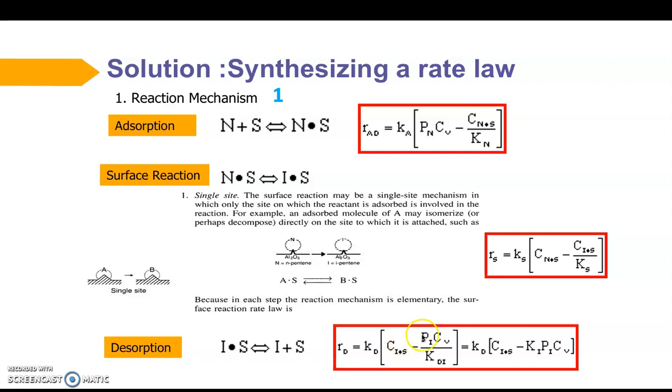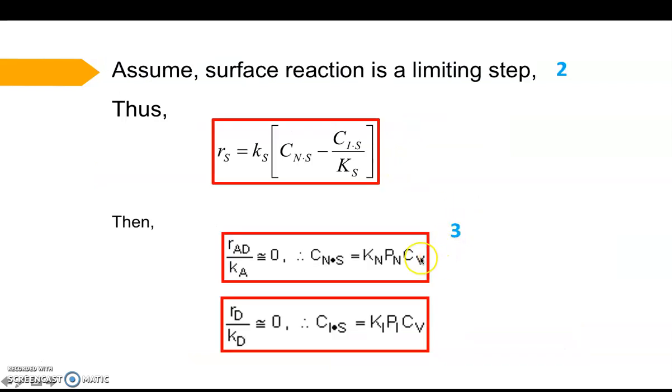A fast step will have a high reaction rate. So when RA is high, RA over KA, where KA is also high, will be nearly 0. The same goes for RD over KD; it will be near 0.